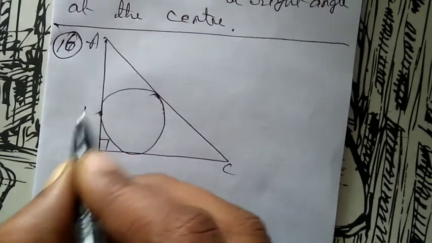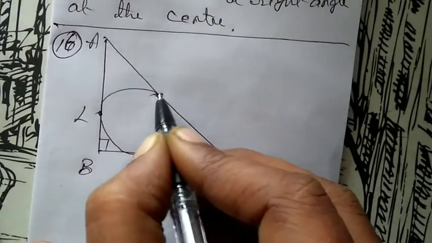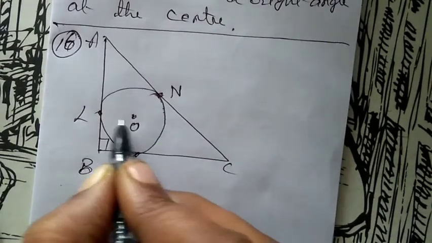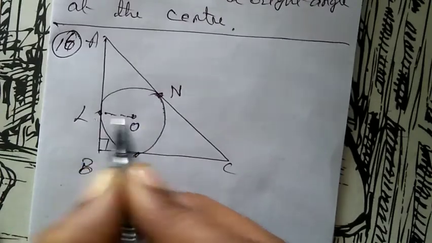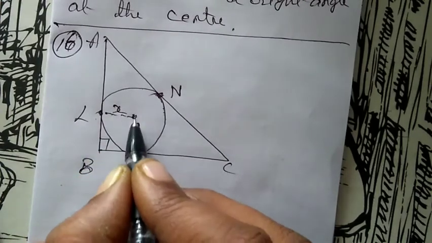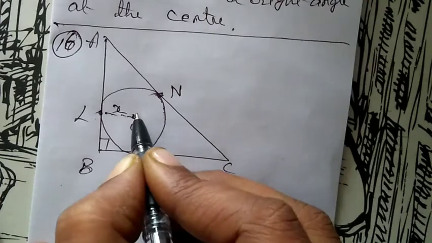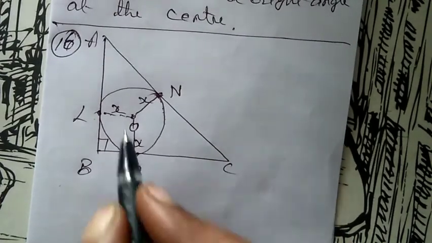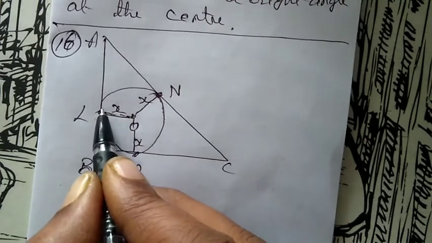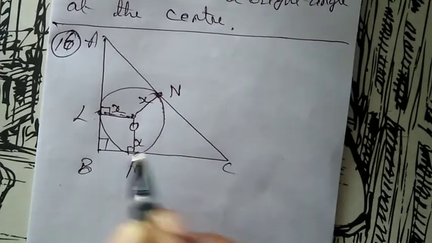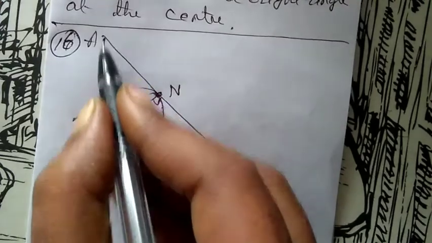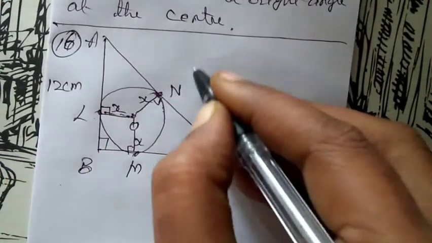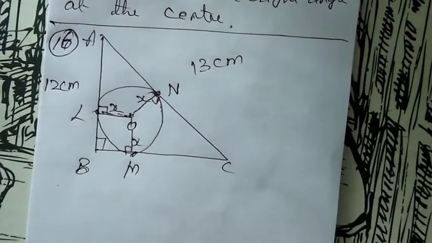At the points of contact, we will take them as L, M, N, with the circle having center O. Now you know, when I join OL from the point of contact, this is the radius, OM is the radius, ON is the radius of the circle. And since it is radius, we know this is 90 degree. Here it is 90, this is 90. Now AB is given as 12 centimeter. AC is given as 13 centimeter.